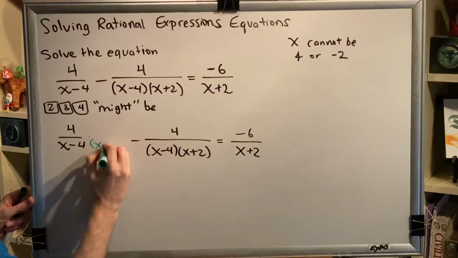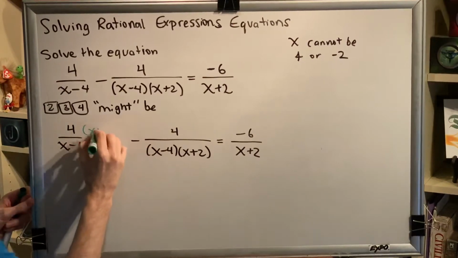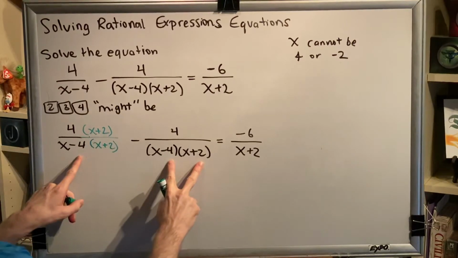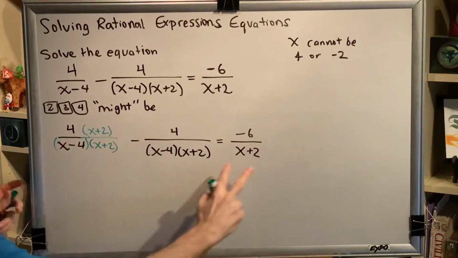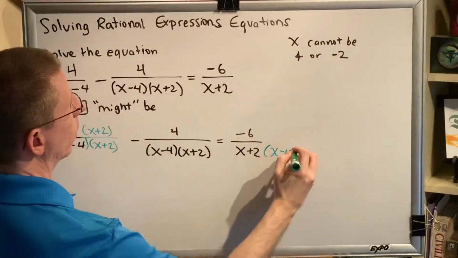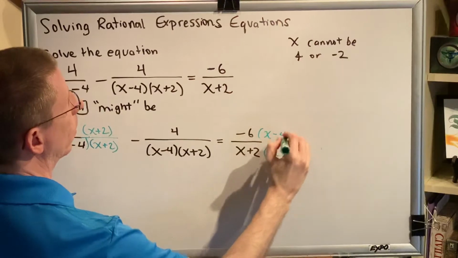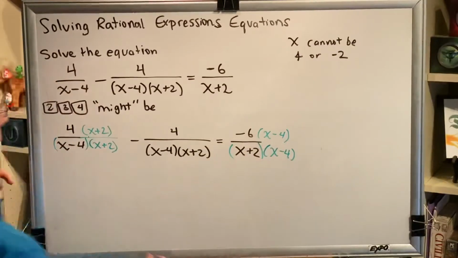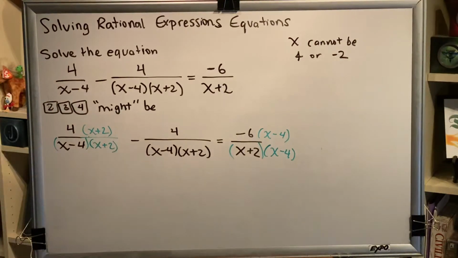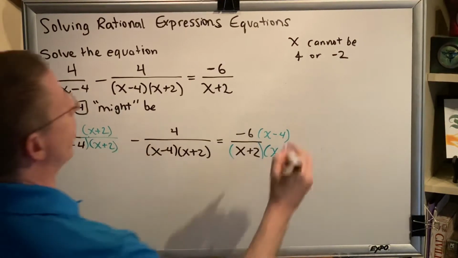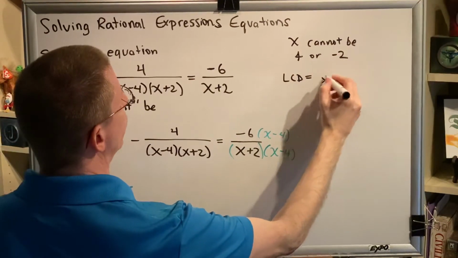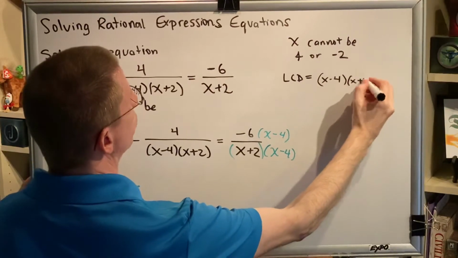Therefore, this first fraction needs an x plus 2, top and bottom. Now, these two fractions have the same denominator, but the third does not. It needs an x minus 4. Okay, now all of our denominators are the same, and we have found the least common denominator. The least common denominator for this problem is x minus 4 times an x plus 2.